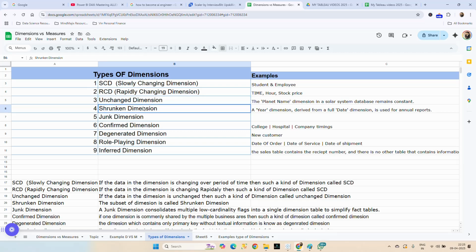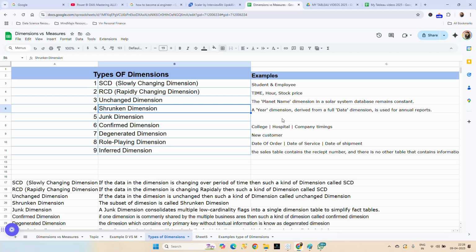Okay. Now I'm talking about shrunken dimension. Shrunken dimension means a subset of a dimension. Subset means a dimension on a dimension. Like if we have year, month, quarter, and week, right? Quarter is a subset of year, month is a subset of quarter, week is a subset of month.